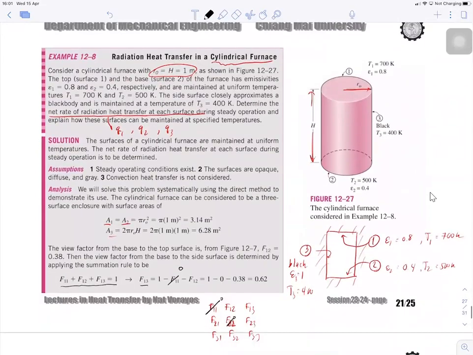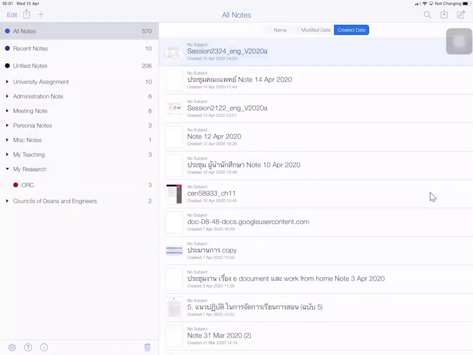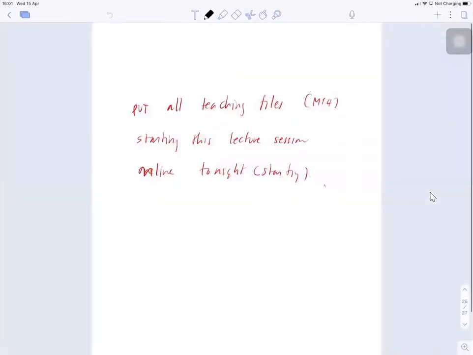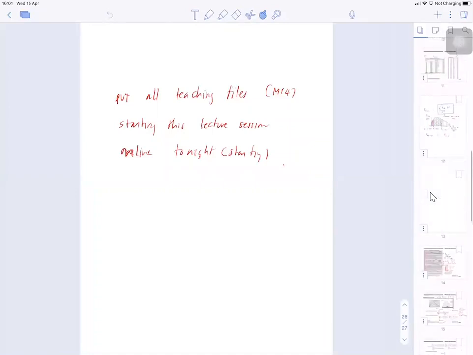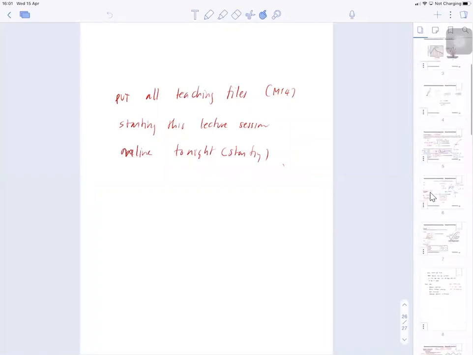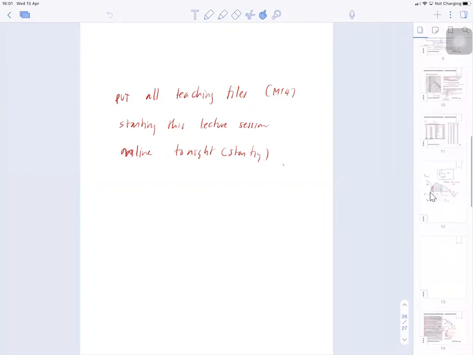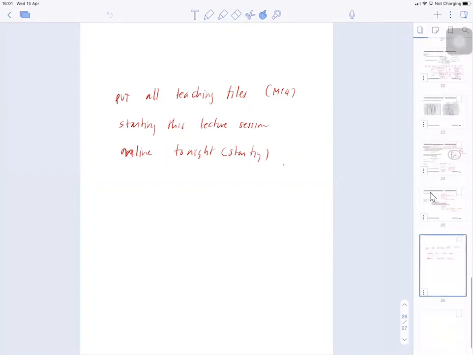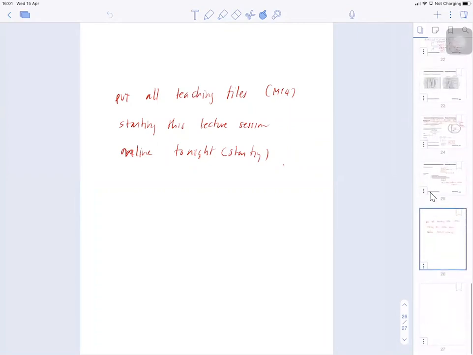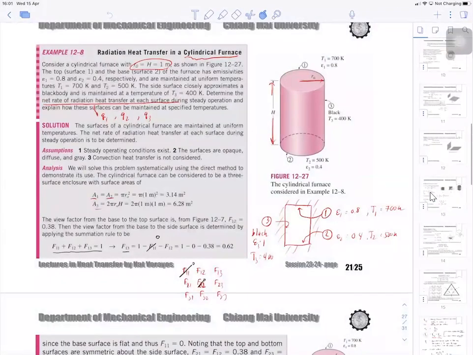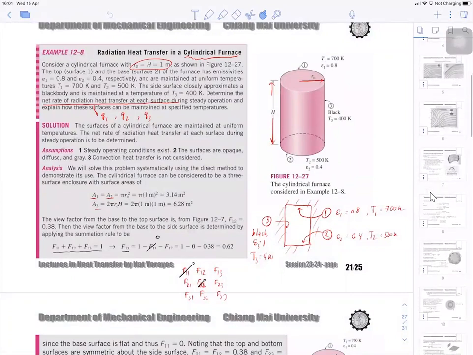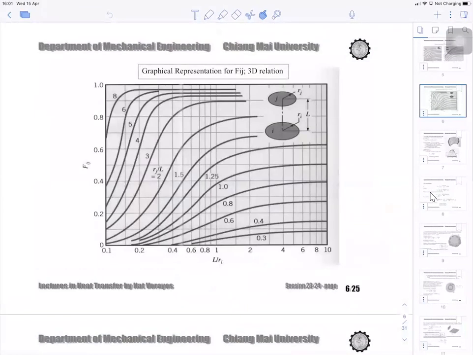Well, you go back to the previous slide that I have. Remember this plot? Not the last slide, this slide. Here we go, right?